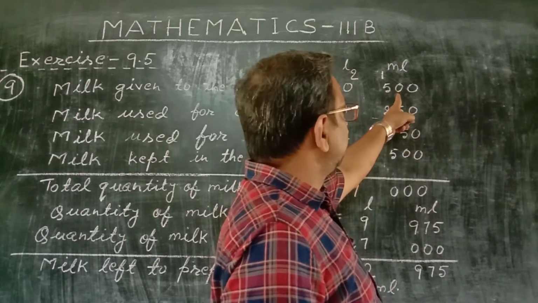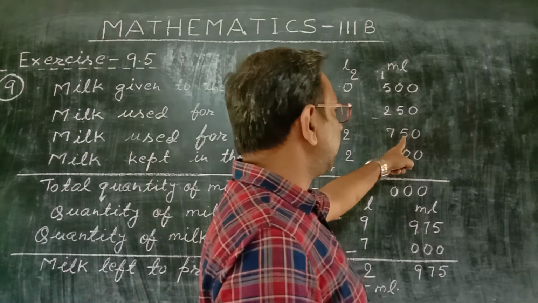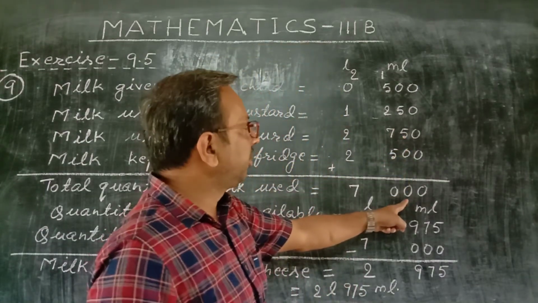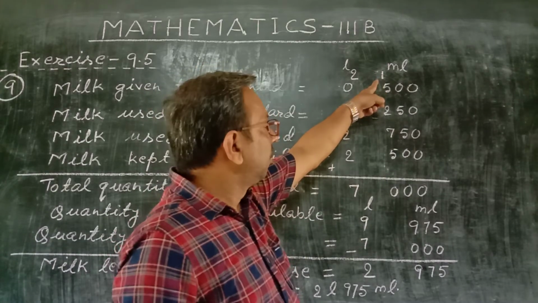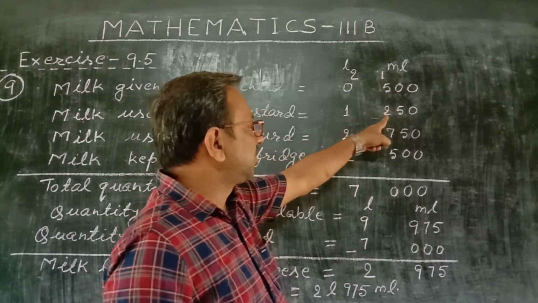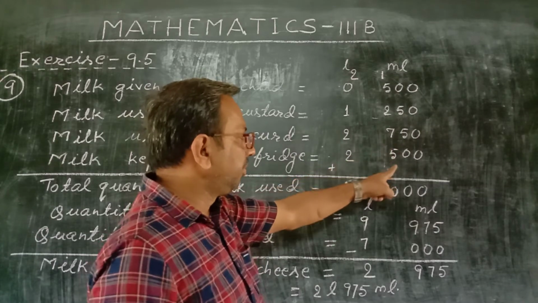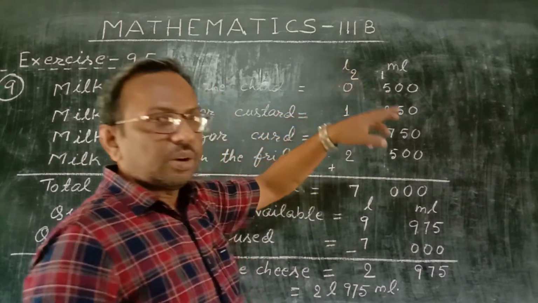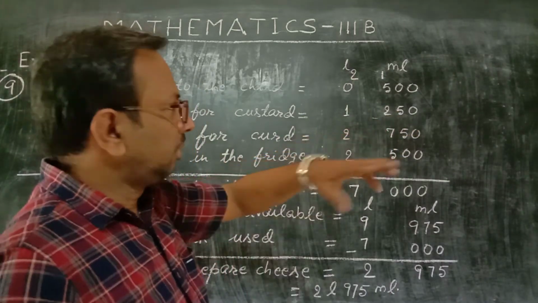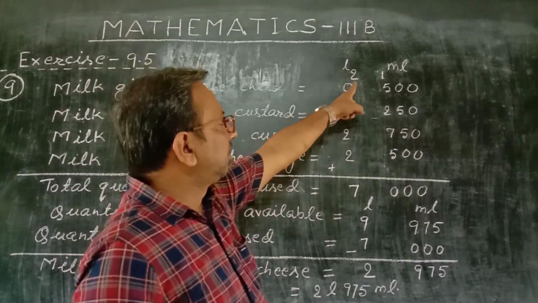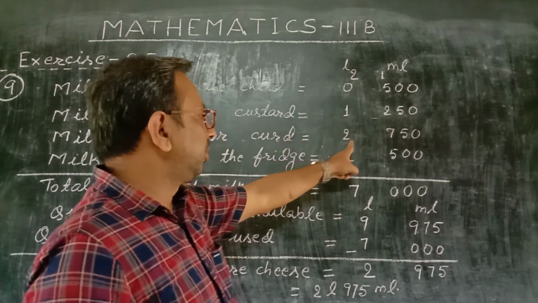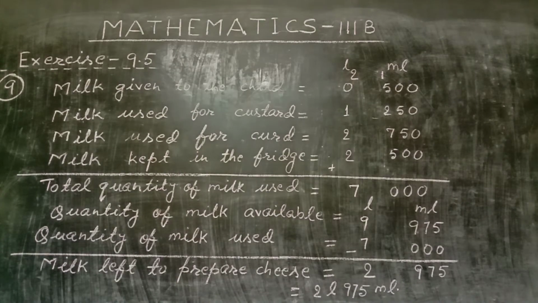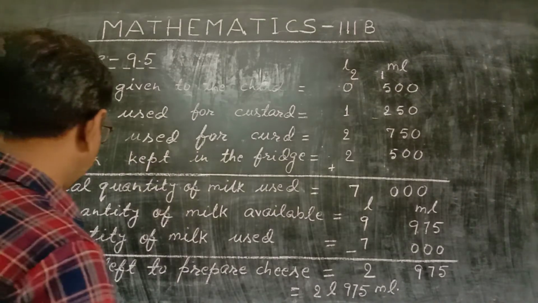Now tens place, 0 plus 5, 5, 5 plus 5, 10, 10 plus 0. 0 of 10 will come here and 1 is carried here. 1 plus 5, 6, 6 plus 2, 8, 8 plus 7, 15, 15 plus 5, 20, carry 2, that 2 came here. Now we'll add the column of liter. 2 plus 1, 3, 3 plus 2, 5, 5 plus 2, 7. Total quantity of milk used equal to 7 liter.